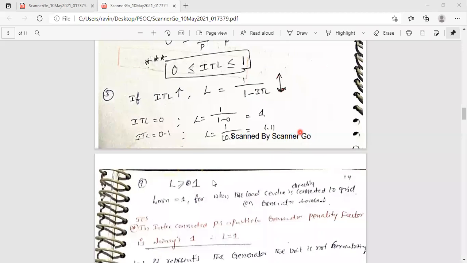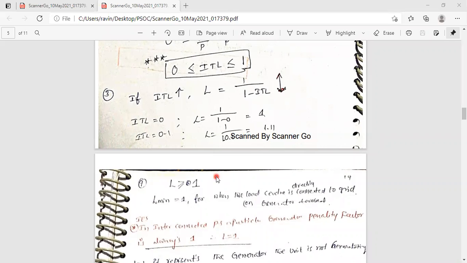This is very important. Always the penalty factor is less than or equal to 1. The factor should be considered with a minimum value of 1. Then only is economic power distributed to the consumer.